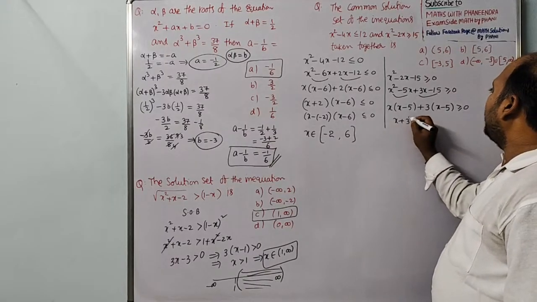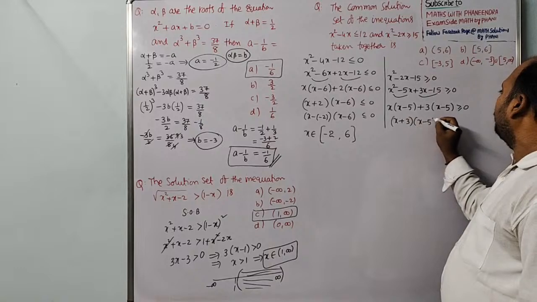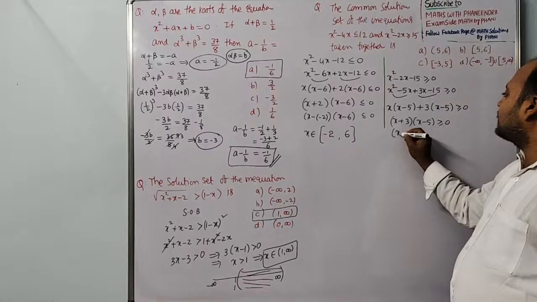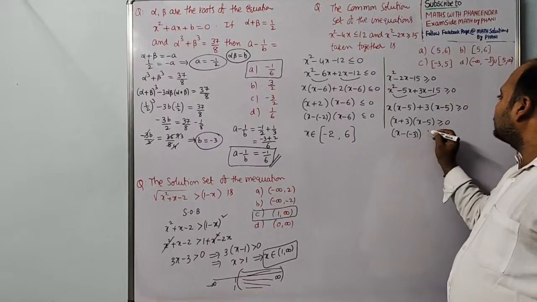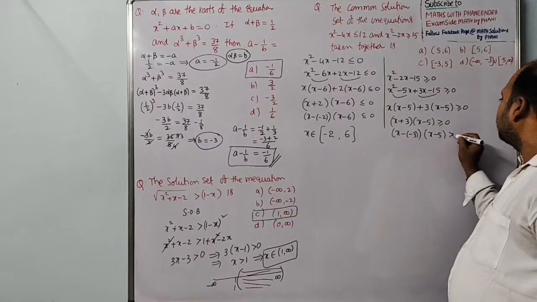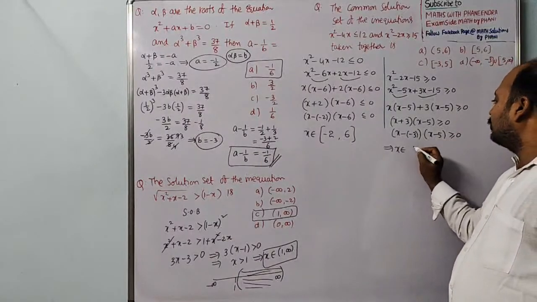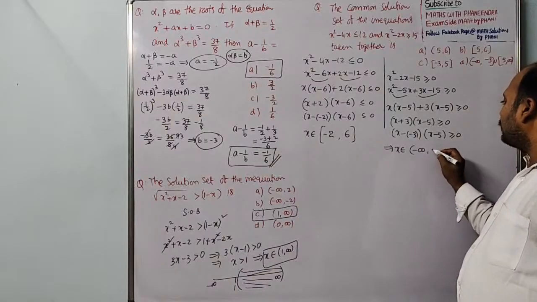So x plus 3 into x minus 5 is greater than or equal to 0. X plus 3 means x minus of minus 3, into x minus 5, is greater than or equal to 0. So we can write it as x belongs to open minus infinity to closed minus 3.